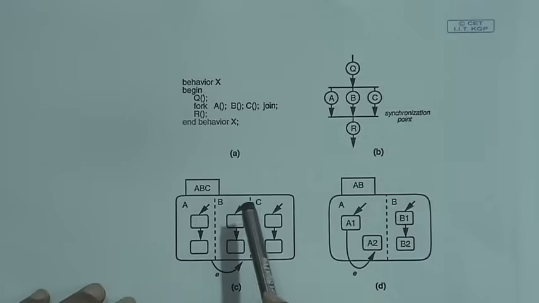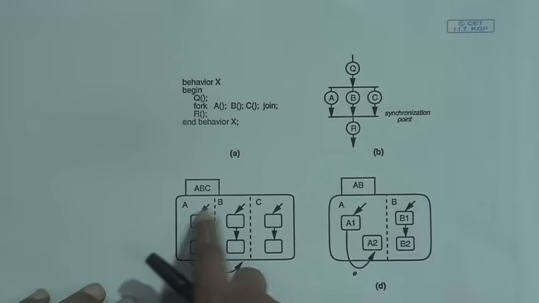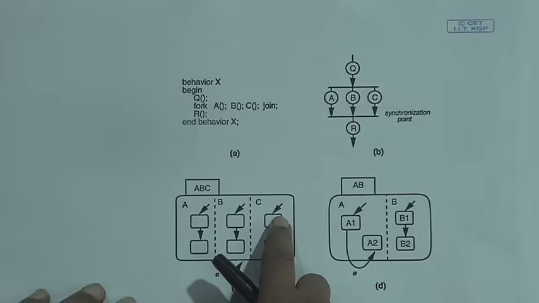So at a particular point of time it can be in state A2, B1, C2 or anything. But I want to synchronize them and bring them to ABC. So if the event occurs, that is, I am exiting from the super state and re-entering the super state, that means as I re-enter, I am going back to A1, B1 and C1.